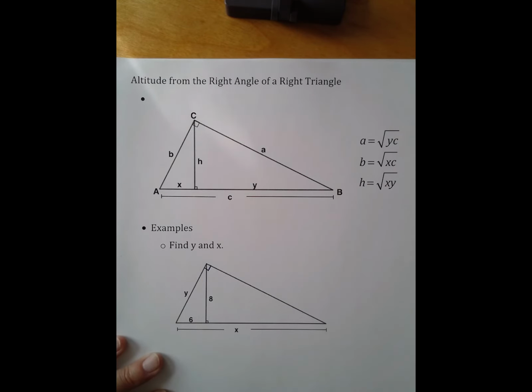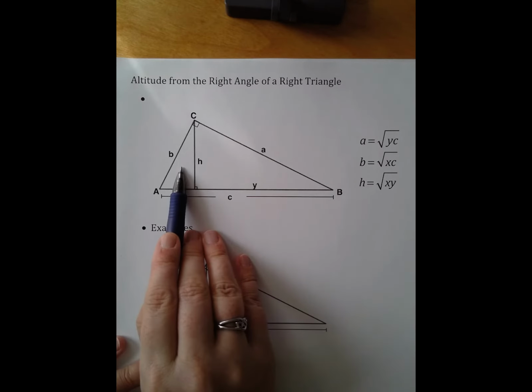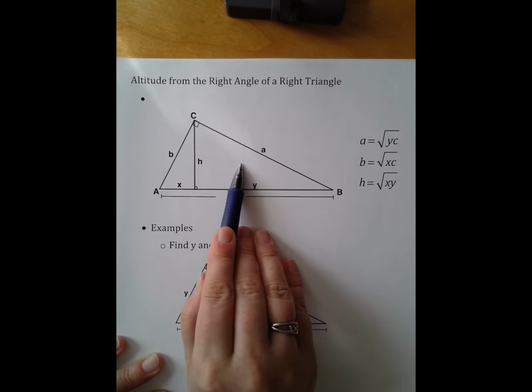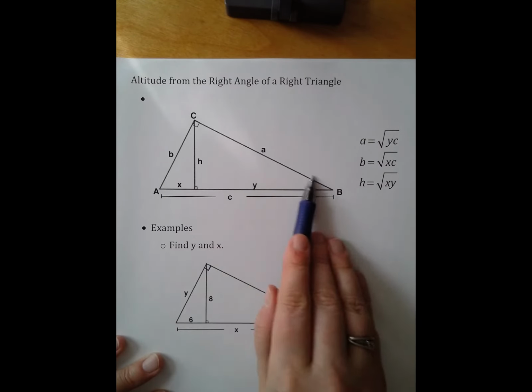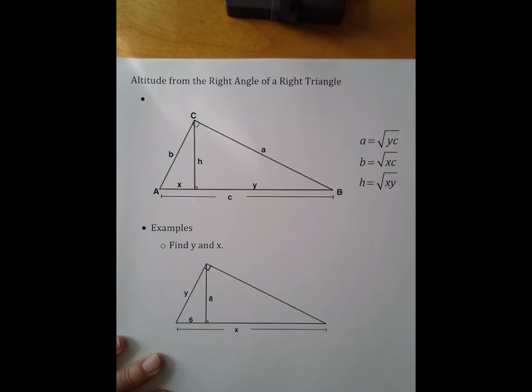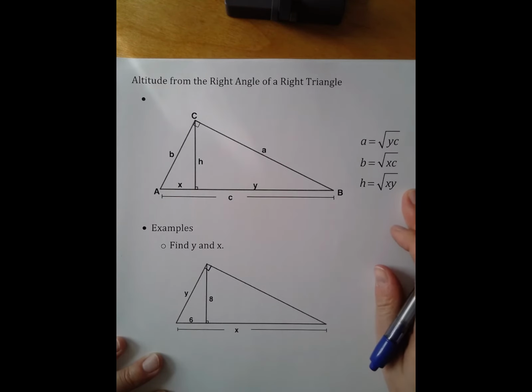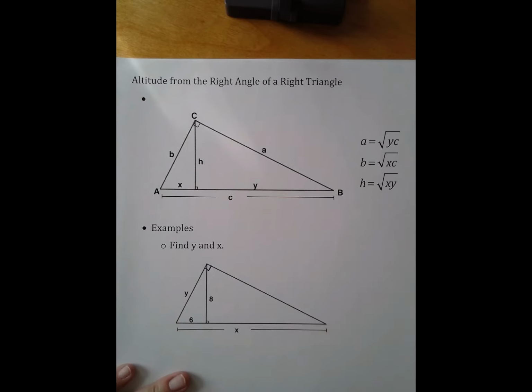Now remember, you did this because the little triangle, the slightly bigger triangle, and the whole triangle are similar triangles, and you derived these formulas using that fact.